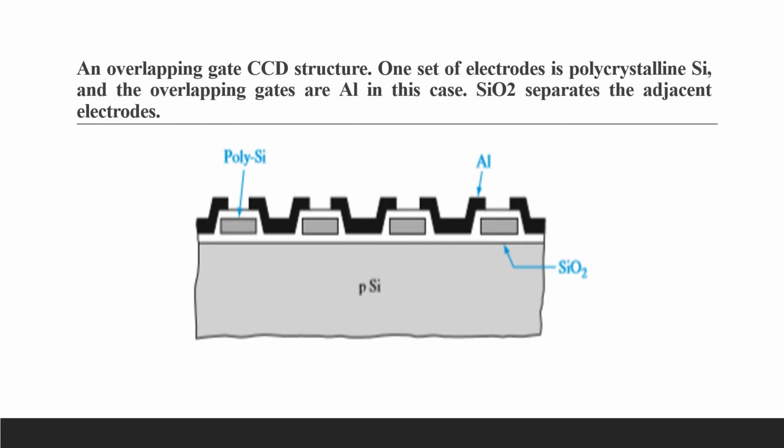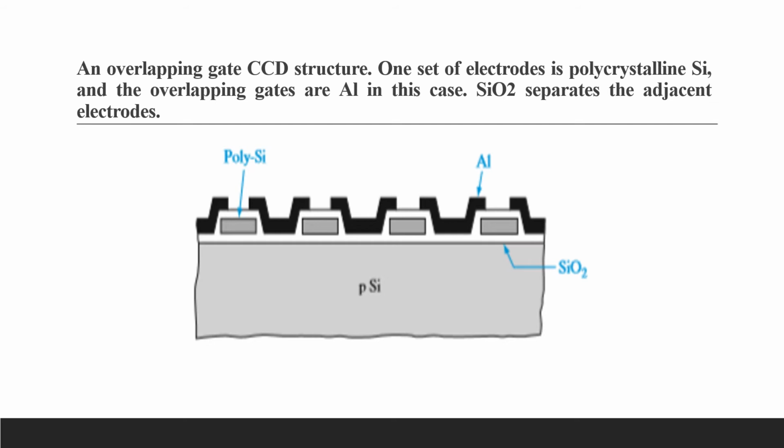Here you can see this is the overlapping gate CCD structure. One set of electrodes is polycrystalline silicon, and the overlapping gates are aluminium in this case, and silicon dioxide separates the nearby electrodes.